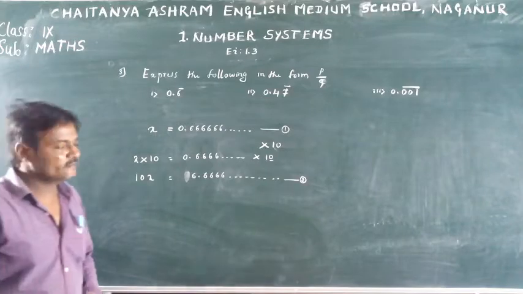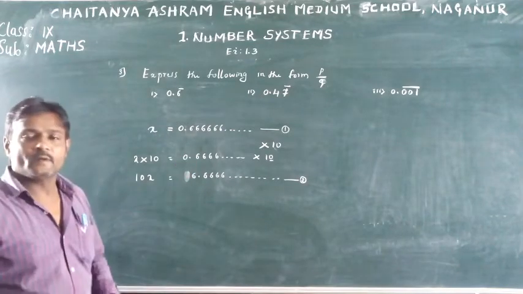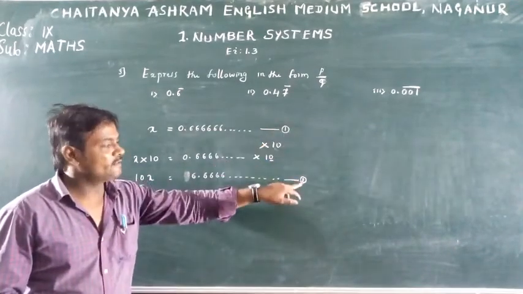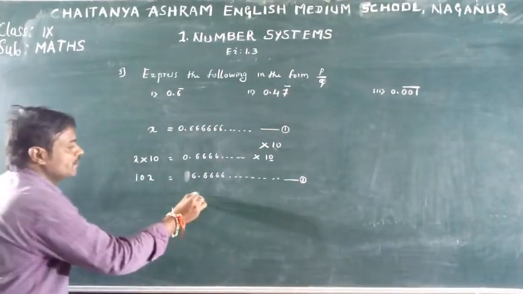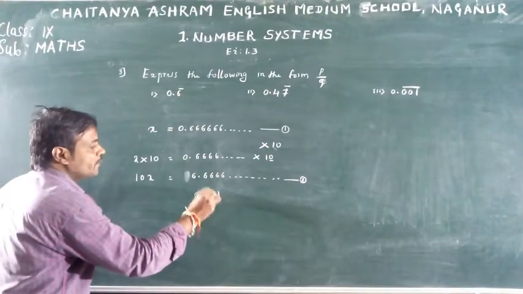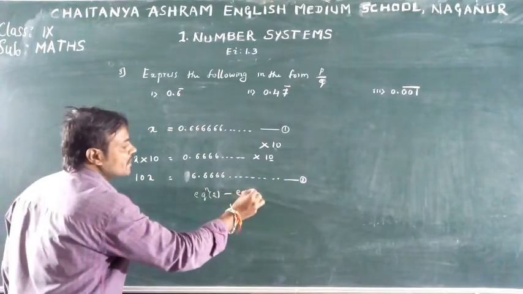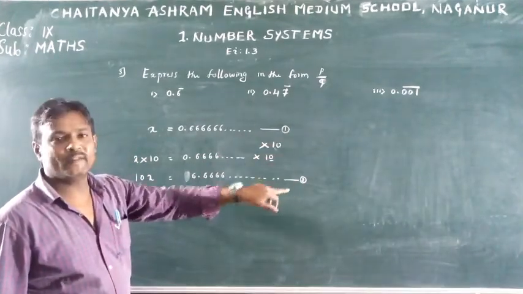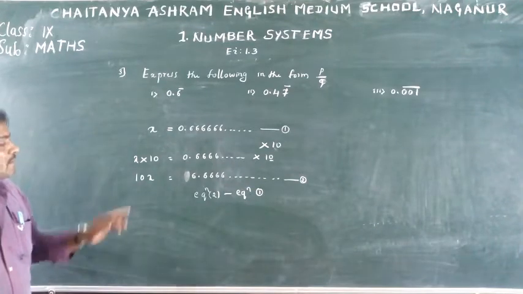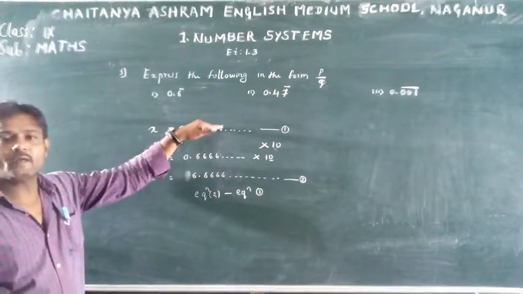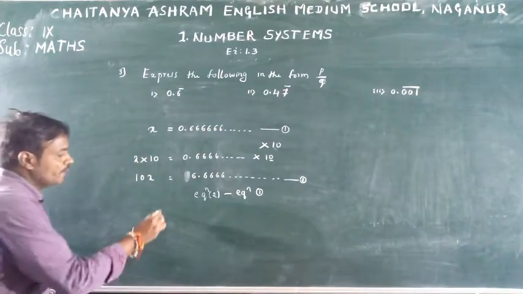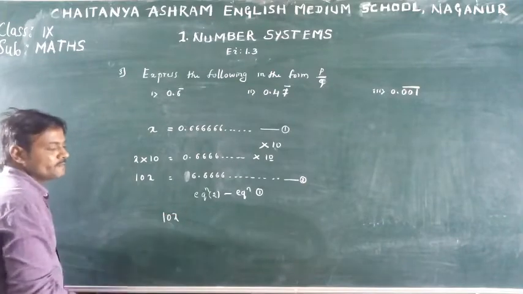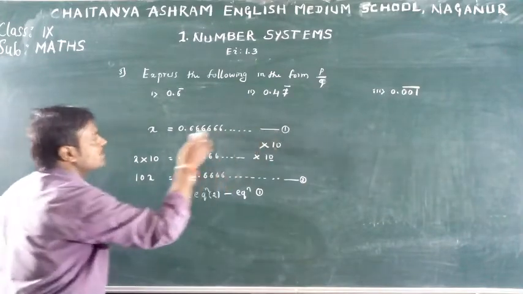So here, dear children, in this process we subtract equation 1 from equation 2. That is, equation 2 minus equation 1. We find the difference LHS to LHS, RHS to RHS. See how I will do it. What is the LHS of equation number 2? 10x. So write 10x minus, what is the LHS of equation 1? x.